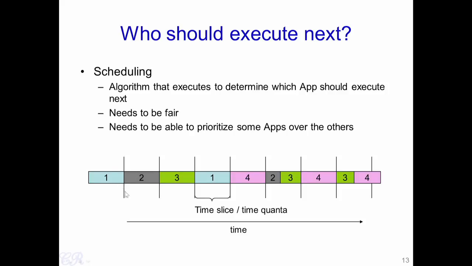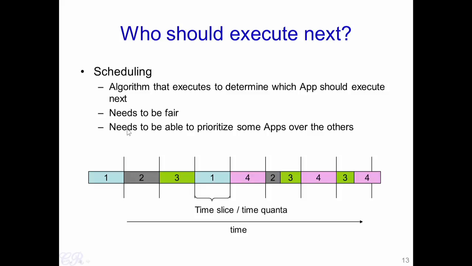This decision is made by an entity within the operating system called the scheduler. The scheduler needs to be designed to be fair, which means that every process or application running on that system should get a fair share of the CPU.